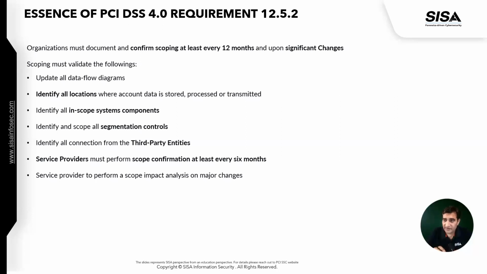When we say significant changes, every now and then there is something or the other happening in the company which is kind of significant. So you cannot just say that you are going to perform your scoping every 6 months. You may have to do it earlier as well, as and when there is a major change in the infrastructure, in the applications, in the environment. Then you have to perform the scoping again.